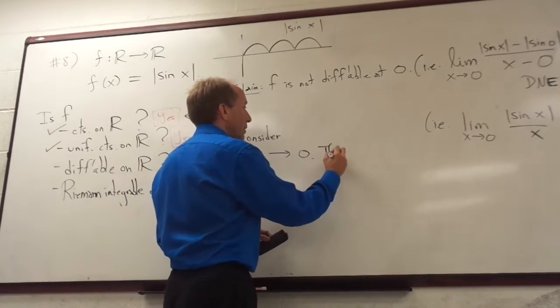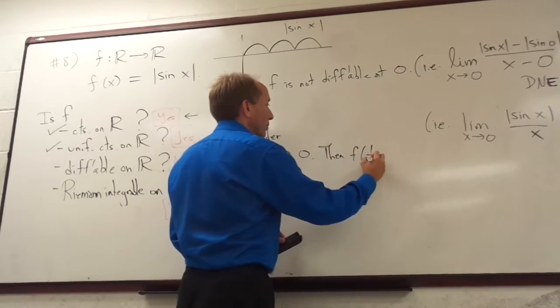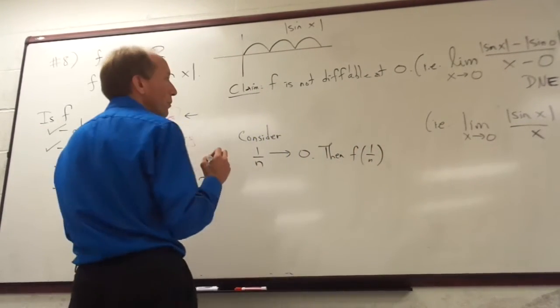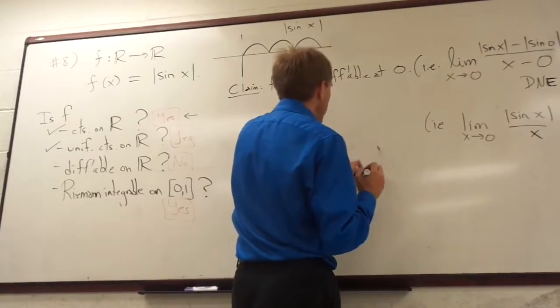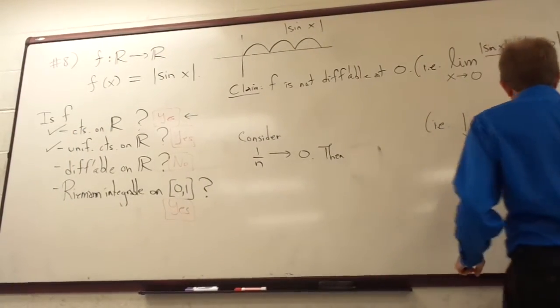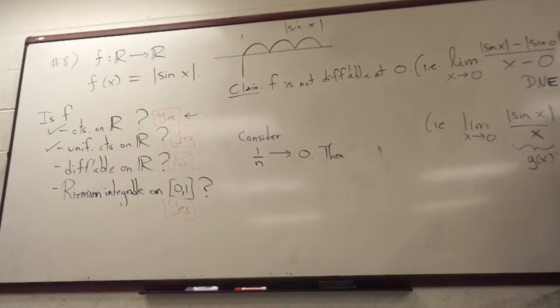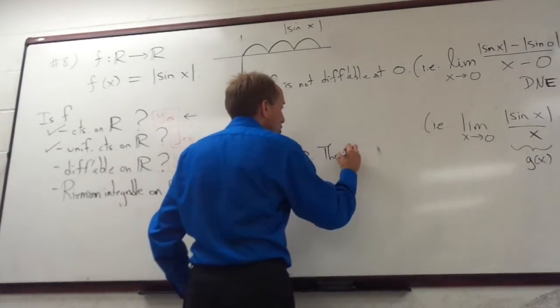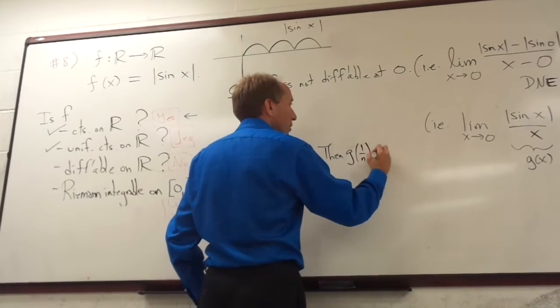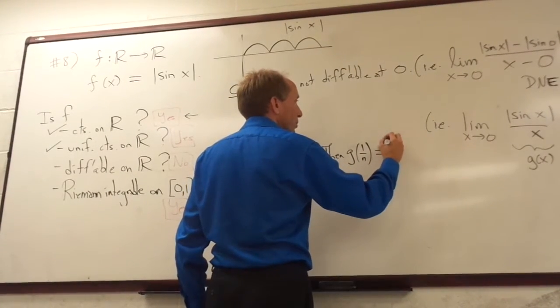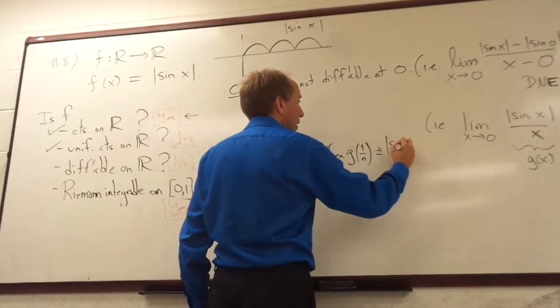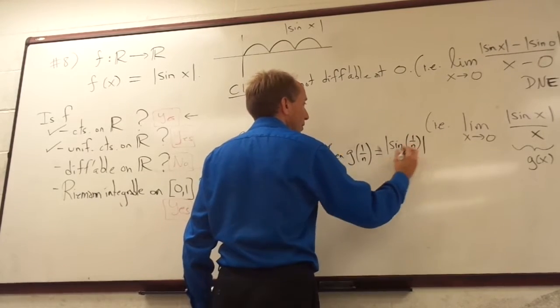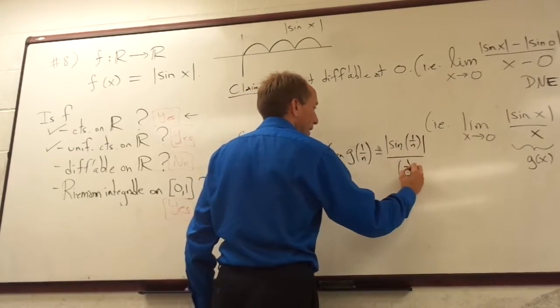Okay, so then if we look at f of 1 over n, I have to clarify what f is, actually. Let's not call it f. Let me just call this thing here g of x. So g of 1 over n would be absolute sine of 1 over n over 1 over n.